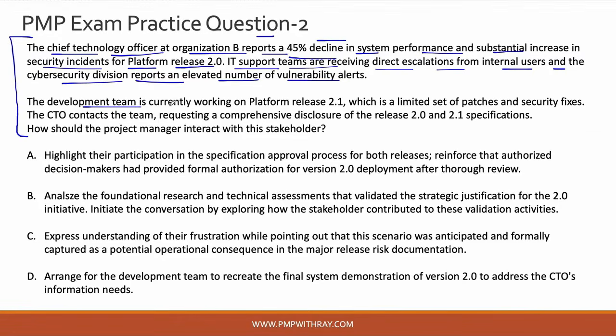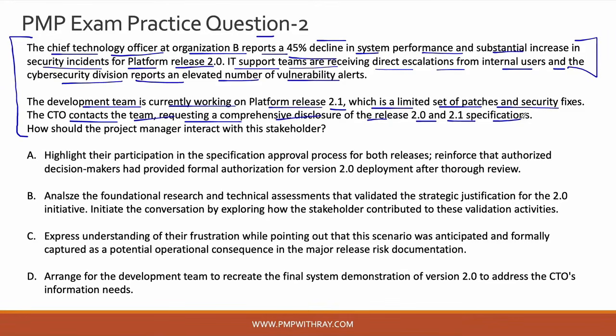The development team is currently working on platform release 2.1, which is the next version supposedly after platform 2.0, which is a limited set of patches and security fixes. So they are trying to fix all these issues that are happening in version 2.0 with this upgrade and patch release for 2.1. So the CTO contacts the team here and requests a comprehensive disclosure for the release of 2.1 specifications.